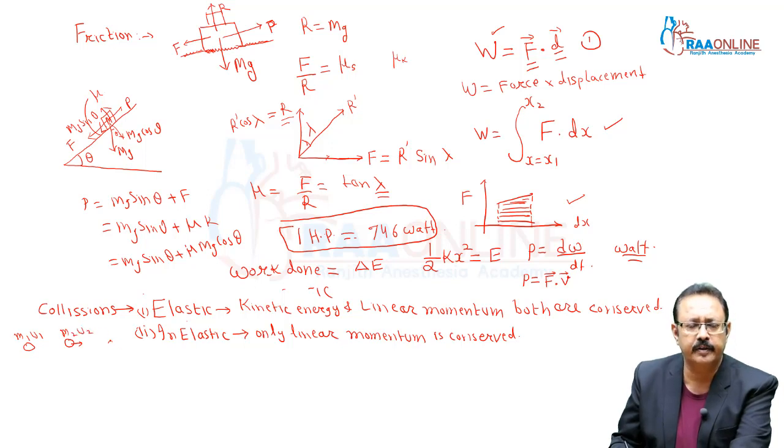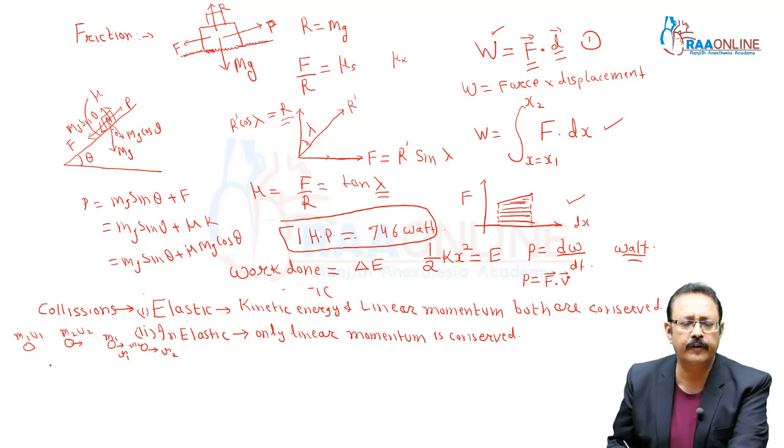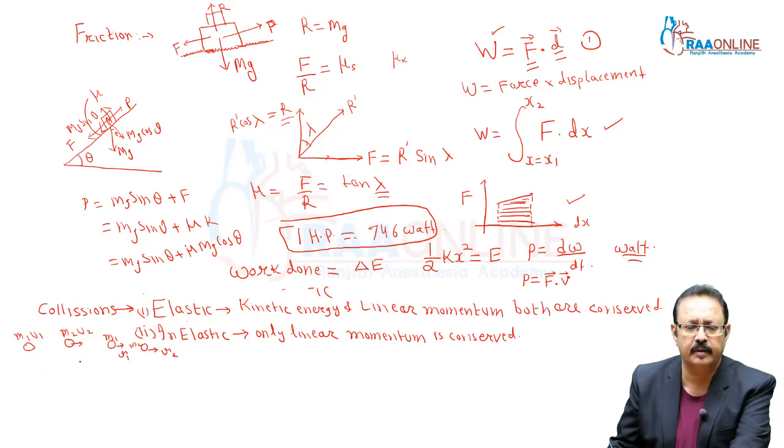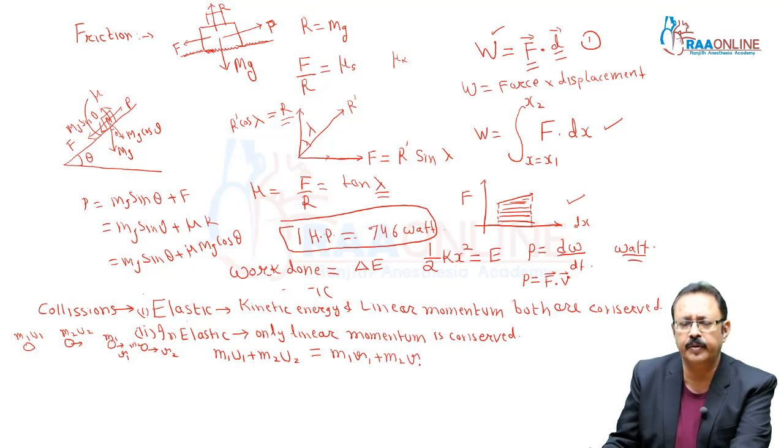After collision, the velocity of the first ball is v1 and the second ball is v2. We can form two equations. First, linear momentum before collision: m1 u1 plus m2 u2 should be equal to m1 v1 plus m2 v2.